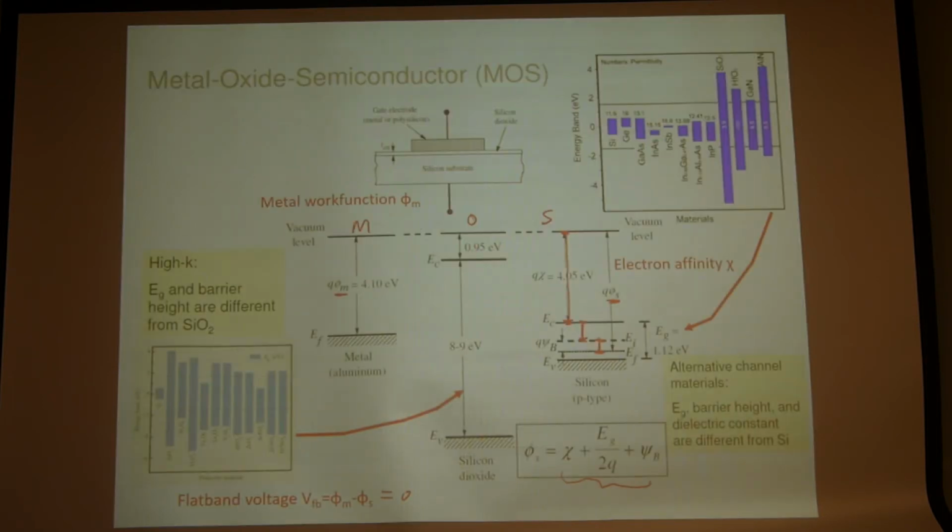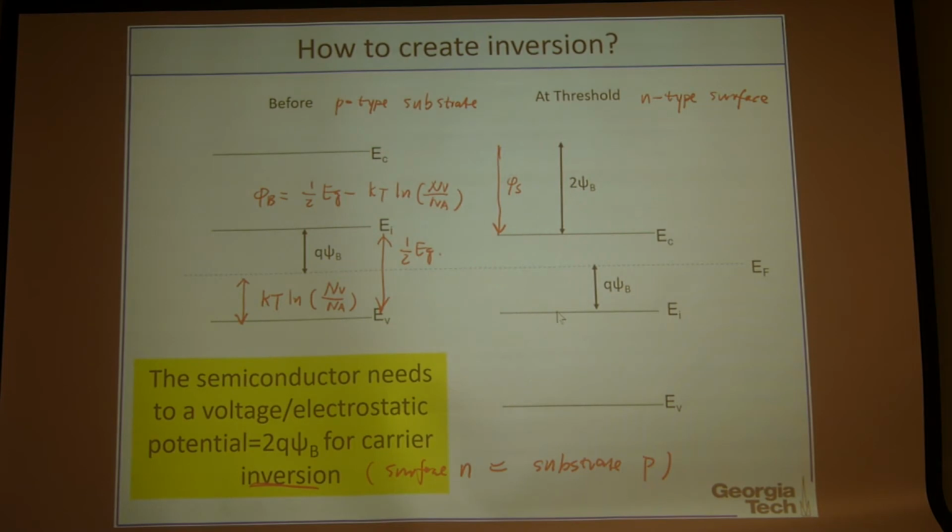If you recall, here is the band diagram. If you increase the doping density NA, the Fermi level will be closer to the valence band edge EV. That means phi B is larger, right? So higher NA, larger phi B.